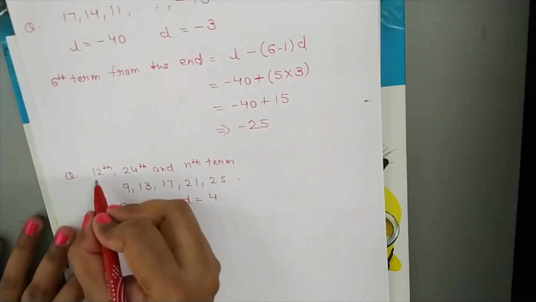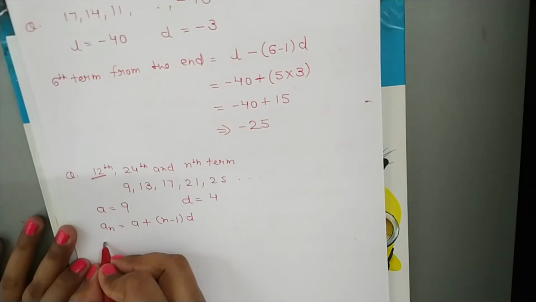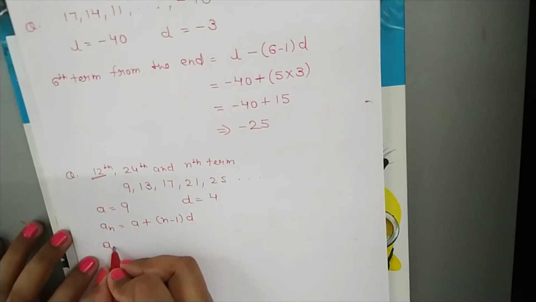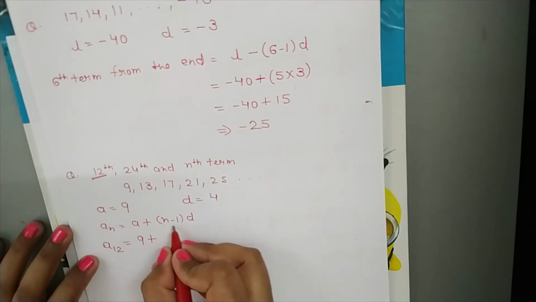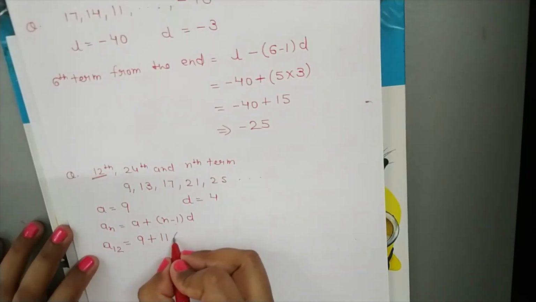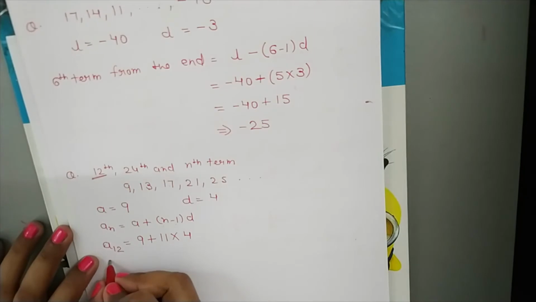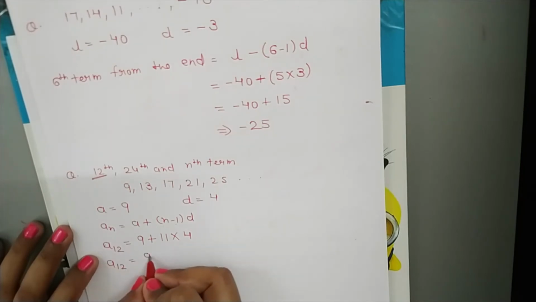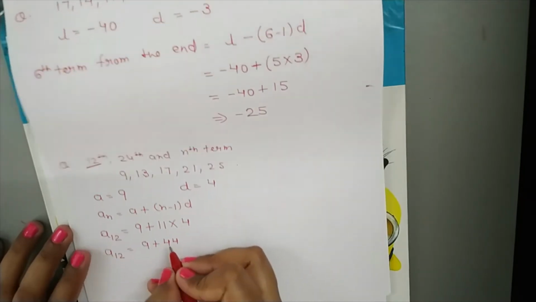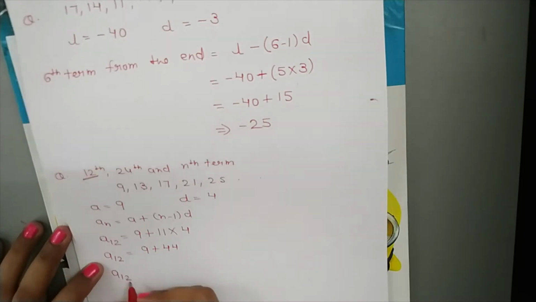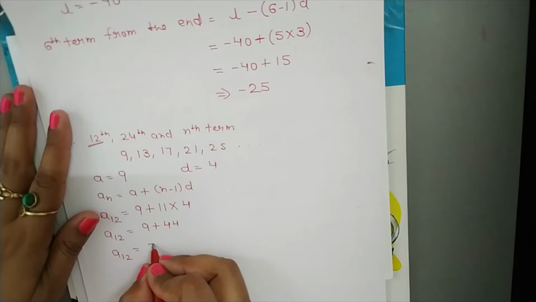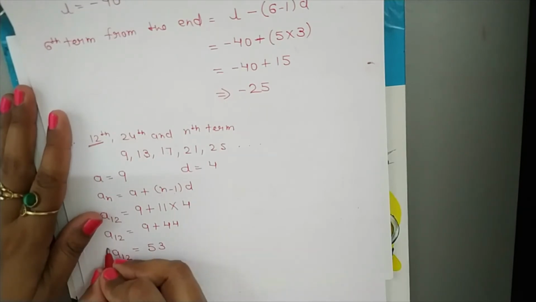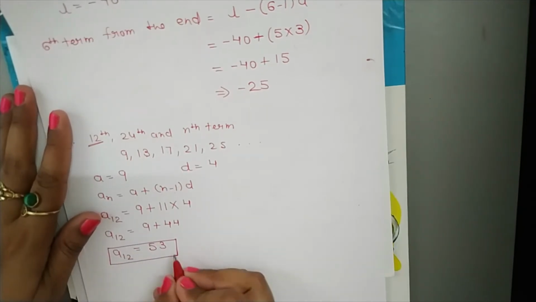Now we have to find the 12th term. It means we put n = 12. So a is 9 plus (12 - 1), that is 11 into 4. So a12 = 9 + 44, that is a12 = 53.